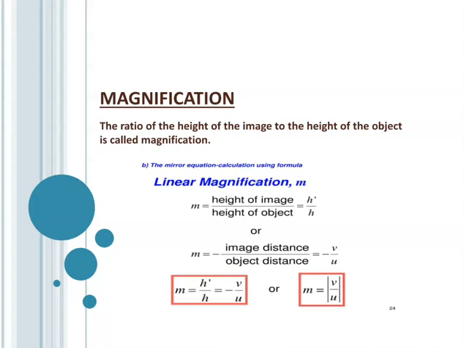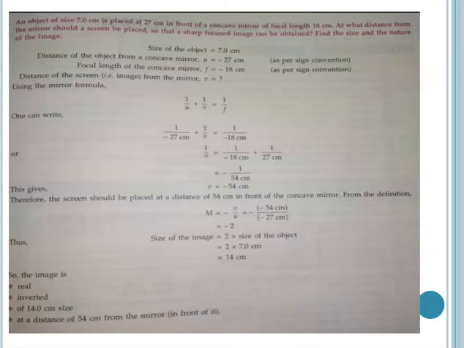Now on the basis of this formula, how would you solve the numerical problems? So one question which is given in your NCERT book, and it is based on the mirror formula on concave mirror.